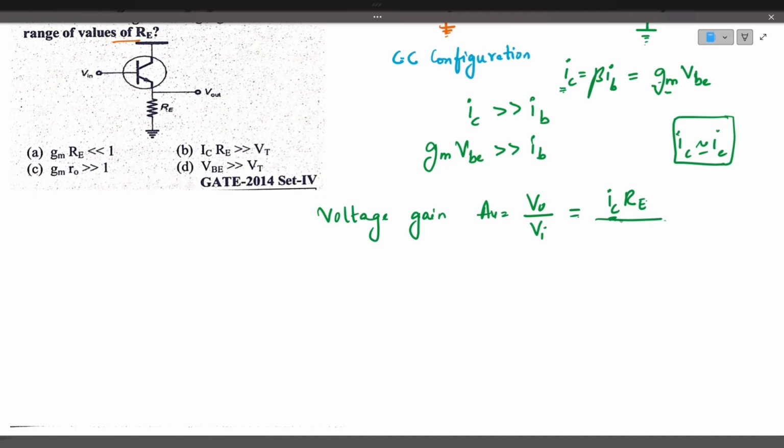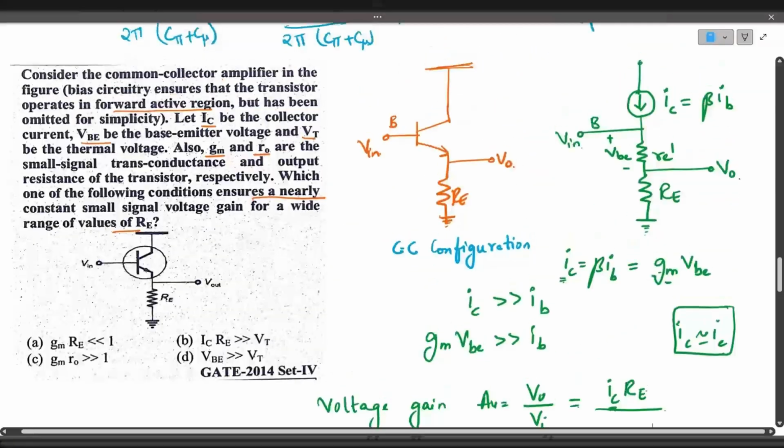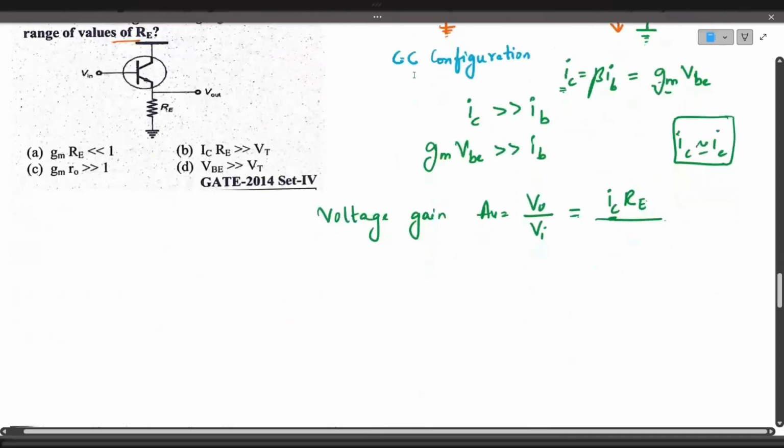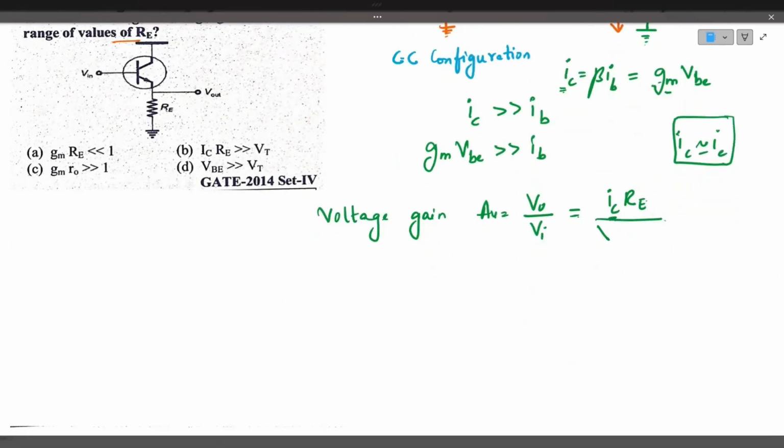divided by input voltage. Input voltage is, if you apply the Kirchhoff voltage law in this particular loop, input voltage is VBE plus V output. So input voltage is VBE plus V output. So AV voltage gain is equals to GM VBE dot emitter resistance RE divided by VBE plus V output is nothing but again GM dot emitter resistance dot VBE.